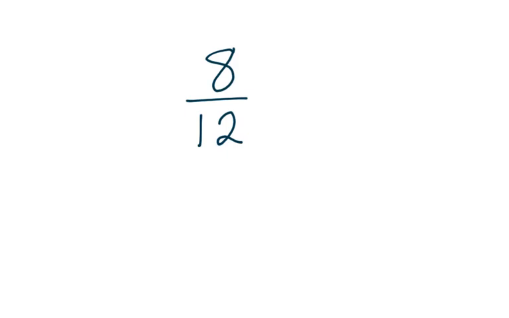So both 8 and 12 are divisible by the number 2. So I'm going to divide both 8 and 12 by 2. And I'm going to get an equivalent fraction with numbers that are smaller than 8 and 12. 8 divided by 2 is 4, and 12 divided by 2 is 6. Now I'm not done yet.